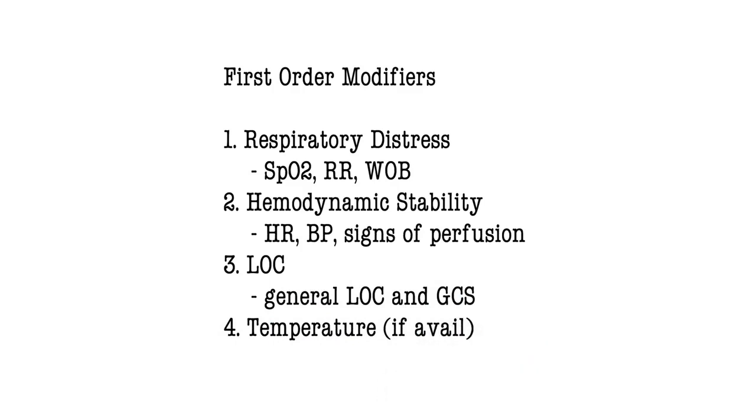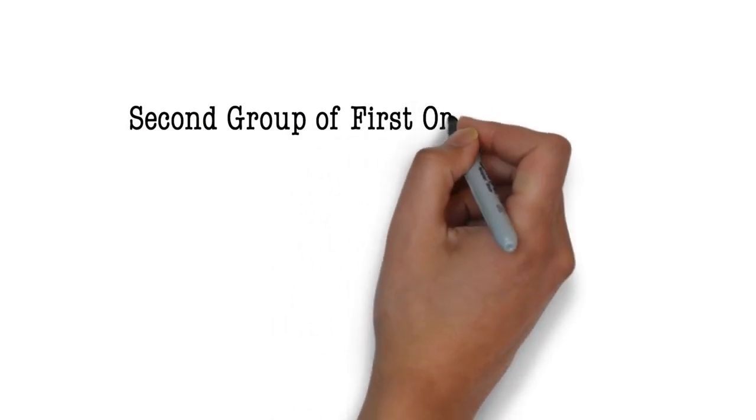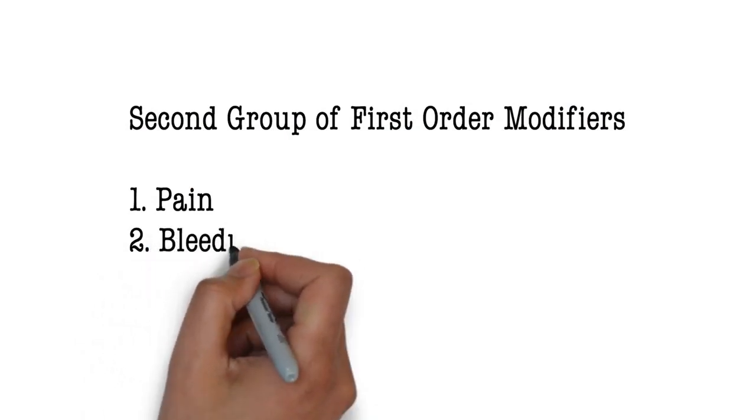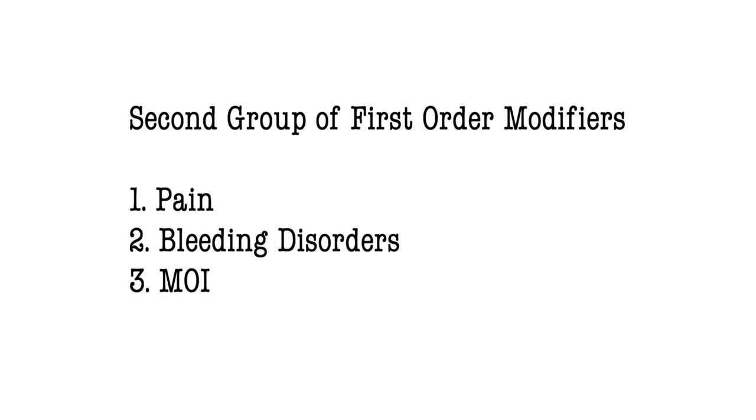We are looking at respiratory distress, hemodynamic stability, level of consciousness, and temperature. When we look at the second group, these include pain, bleeding disorders, and mechanism of injury. We will have another module that goes into more detail on applying modifiers.